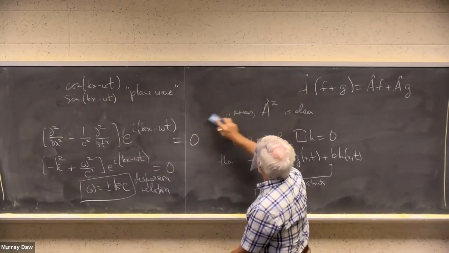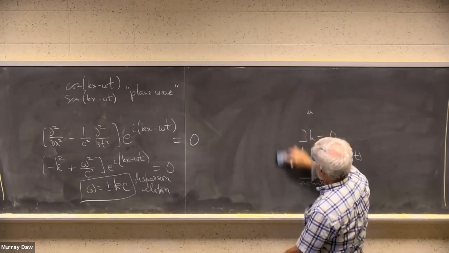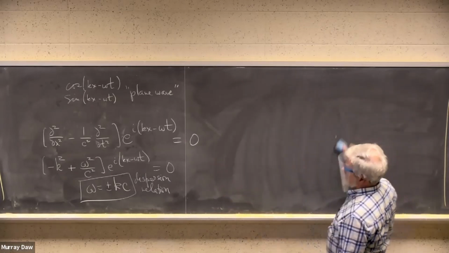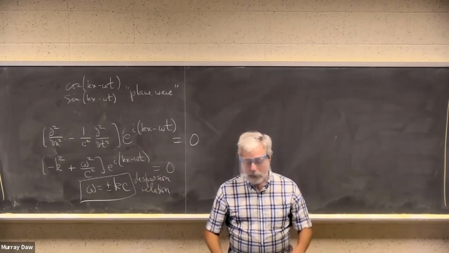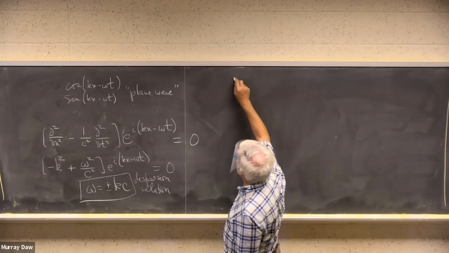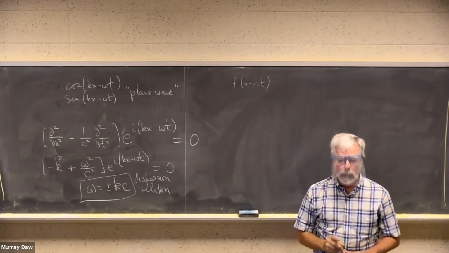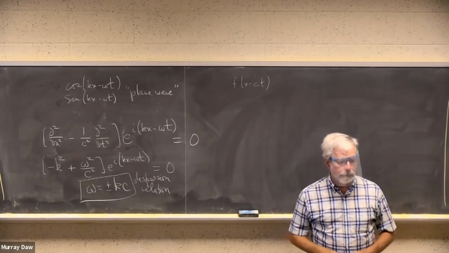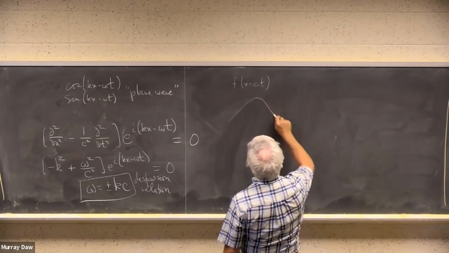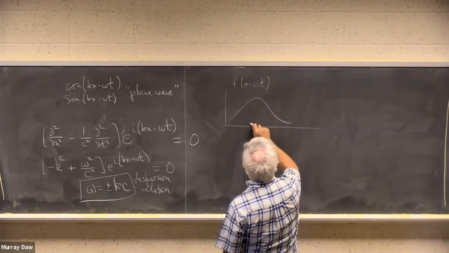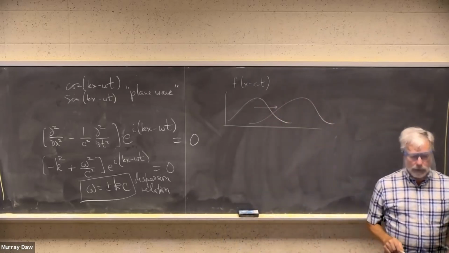I have demonstrated to you that wave packets don't change shape if they're governed by this particular wave equation. Any sort of wave packet, remember it was just any function, like x minus ct, that could be anything. And this thing just slides to the right, unchanged in shape. So it could be a localized wave packet. And at a later time, it's just going to have shifted everything to the right by a distance ct.